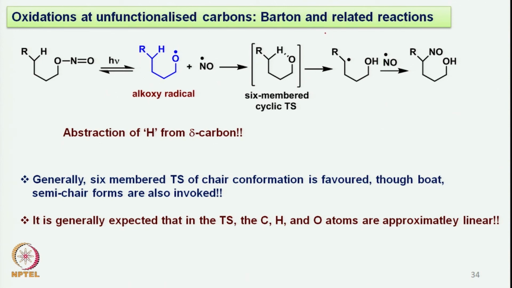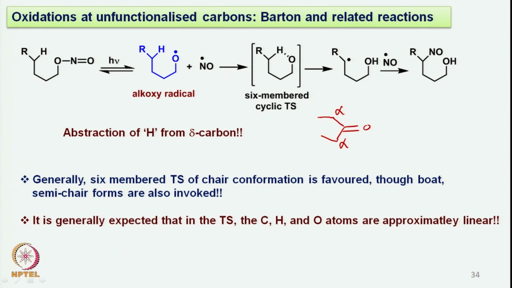Now what is an unfunctionalized carbon? It is very easy, for say you have a ketone, and if this hydrogen is alpha to the carbonyl group, or if you take a symmetrical substrate and both the alpha carbons are equally available.